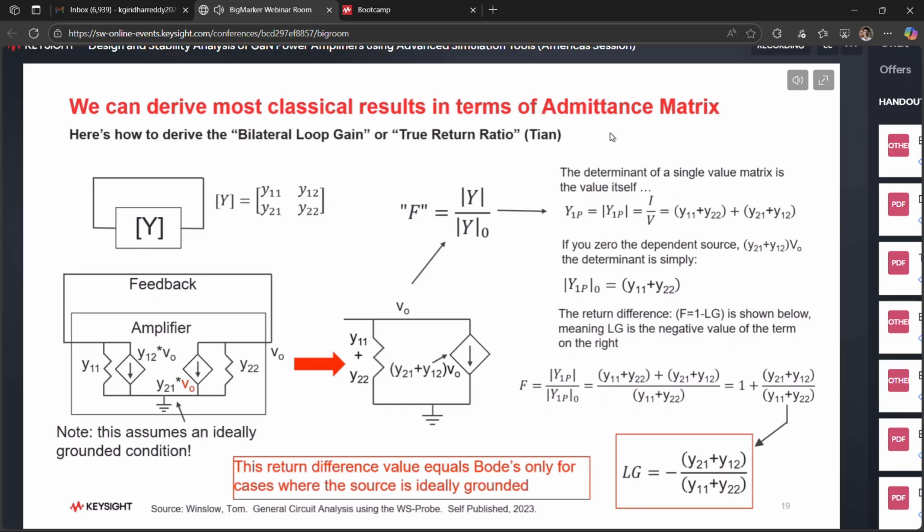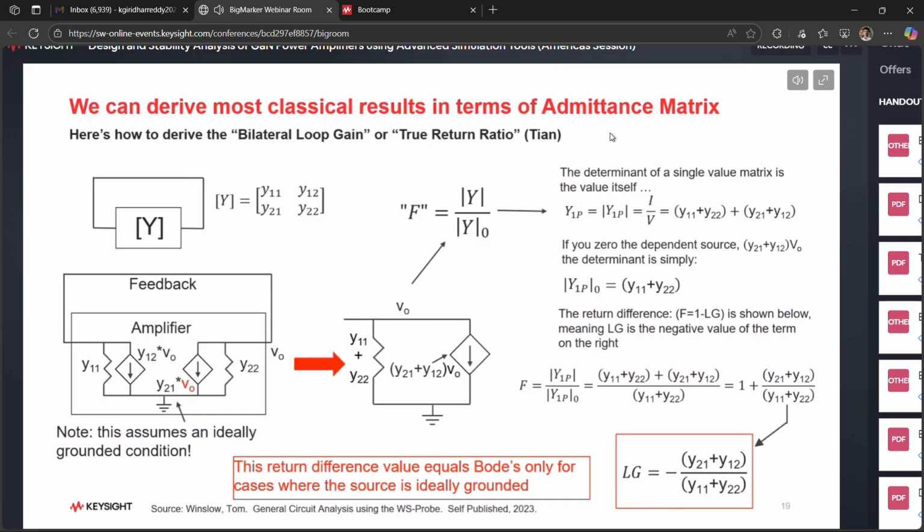In other words, the Y22 is in parallel with the Y11, and that simplifies the circuit. Then we can go through this analysis and express this loop gain, or what Tian called the true return ratio, as a set of Y parameters. It turns out it's equal to this result at the bottom, and then using the probe, since we can derive the Y parameters, all we have to do is run the computation.